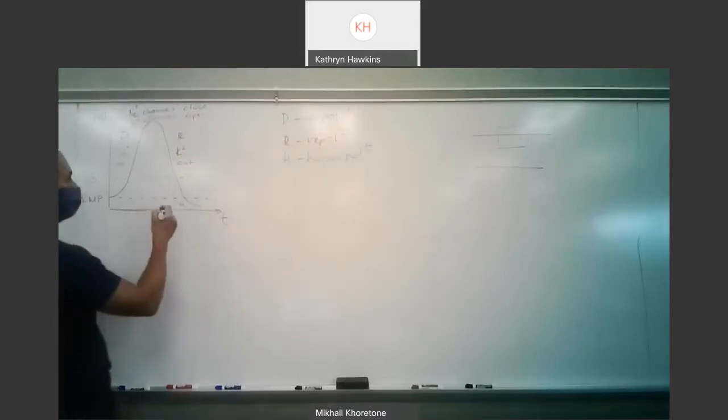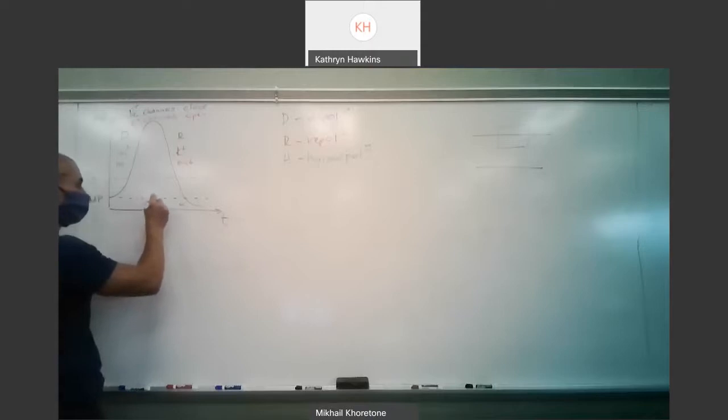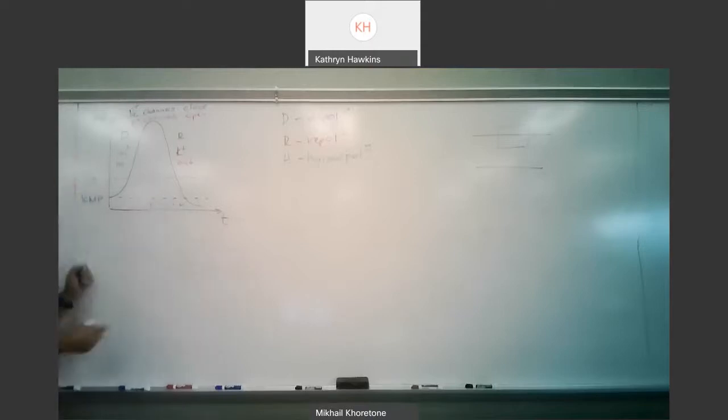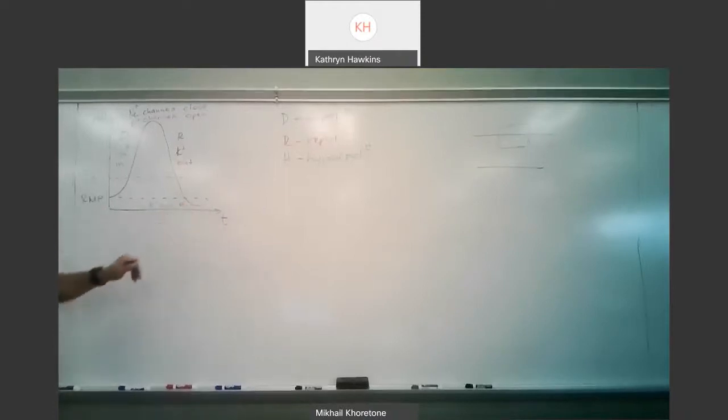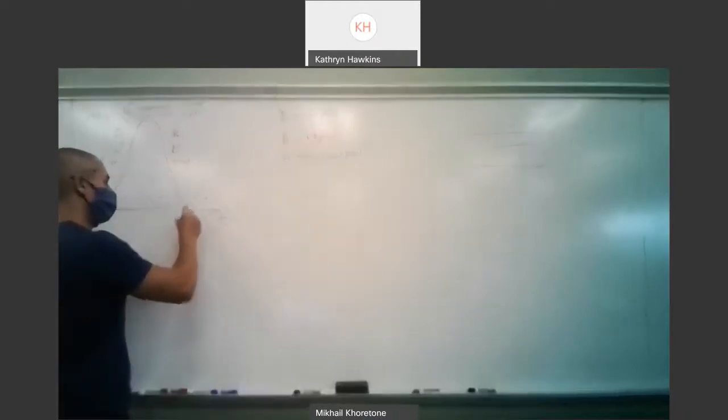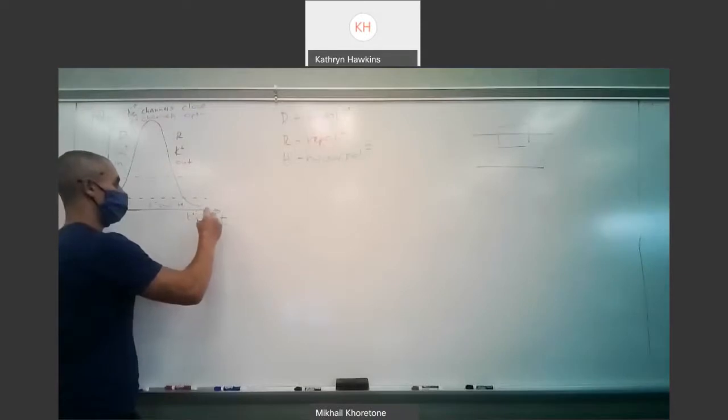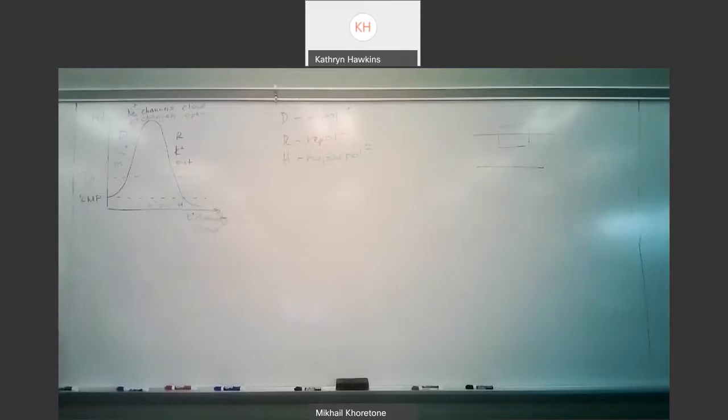So hyperpolarization happens because potassium still flows out. Now at this point, right here, finally, potassium channels close. Does that make sense?